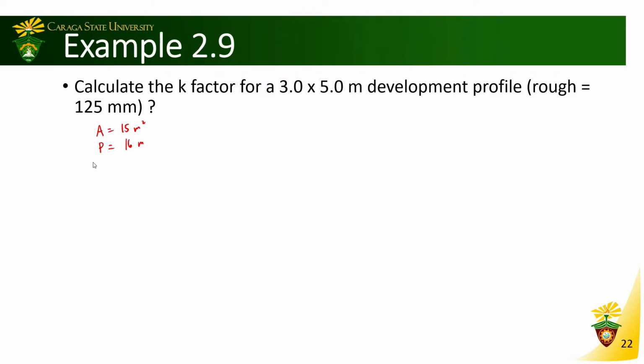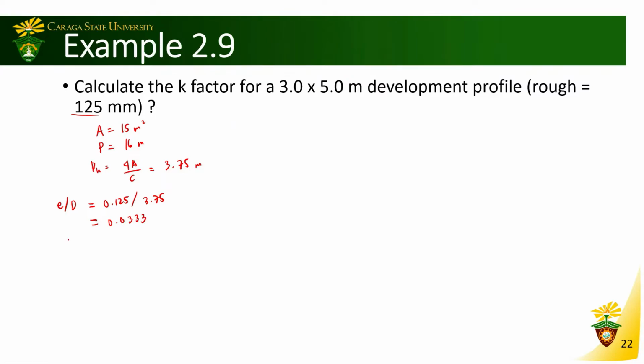Given this, the hydraulic diameter is 3.75 meters, and this is what we need in determining the ratio of roughness to hydraulic diameter, which is 0.125 over 3.75, and this gives us 0.0333.